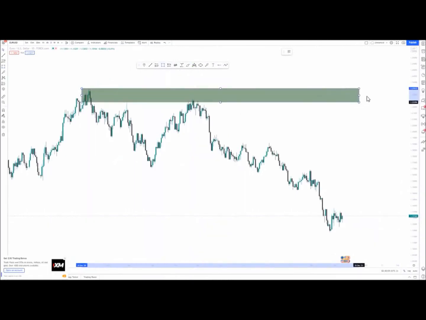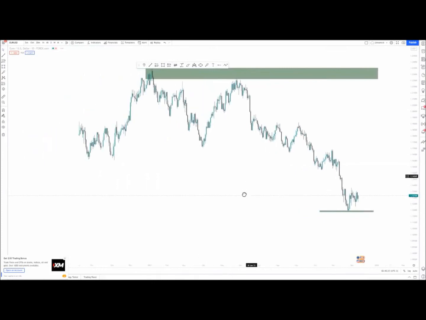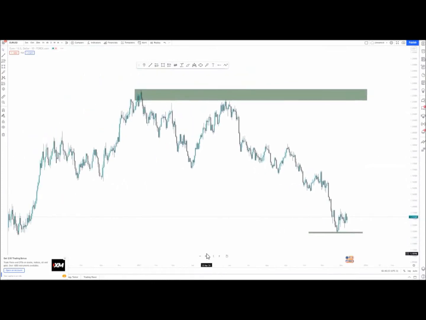So guys, here's the highest height on EUR/USD on the daily, and this is the lowest low. If that's my highest height and this is my lowest low, guys, what should happen now? Let me see.